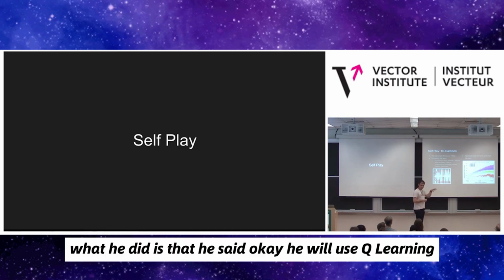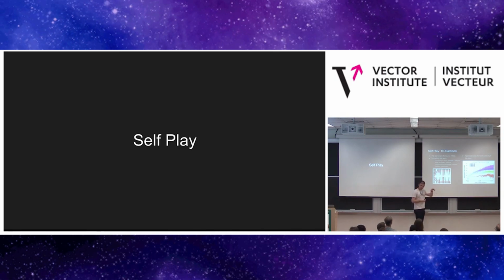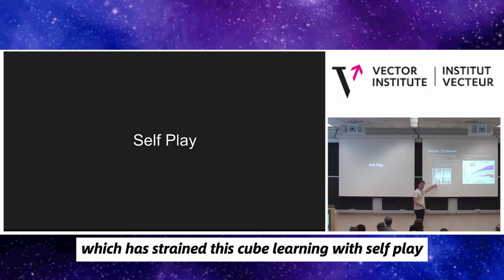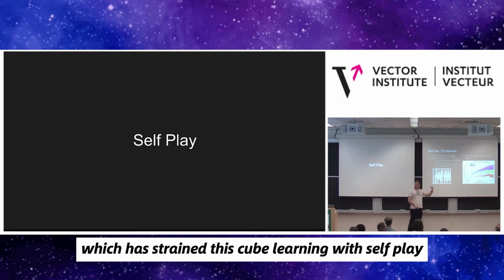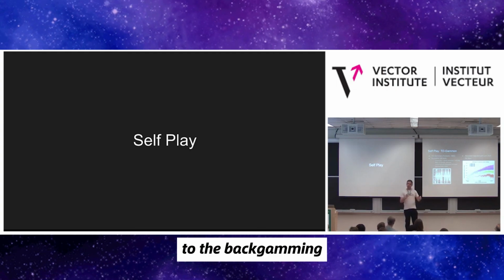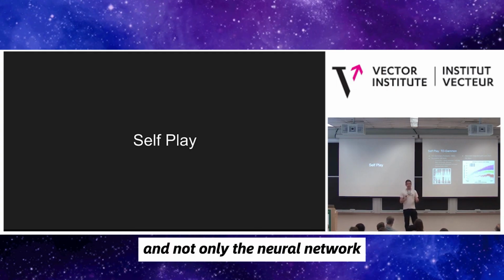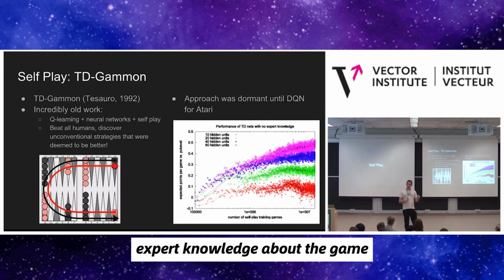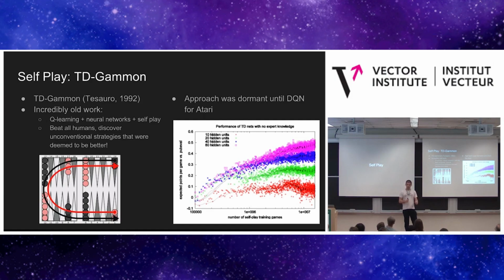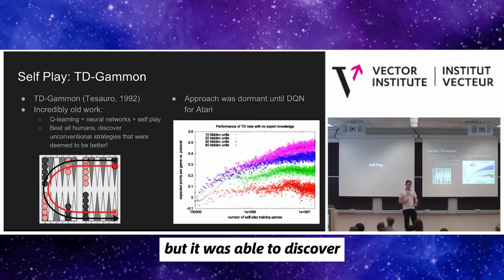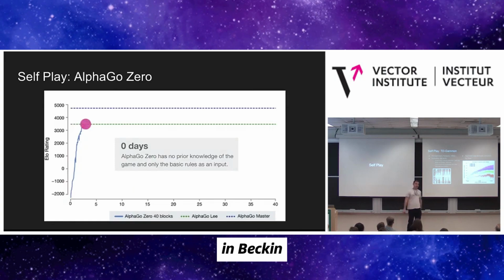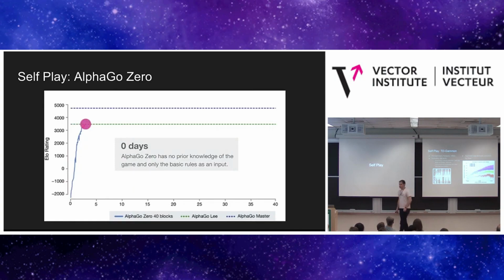What he did is that he said, okay, he will use Q-learning, he will use a neural network to represent a policy which is trained with Q-learning with self-play to defeat all humans in backgammon. And not only did the neural network defeat all humans at backgammon from no expert knowledge about the game, but it was able to discover new moves that went counter to the conventional wisdom in backgammon. 92.